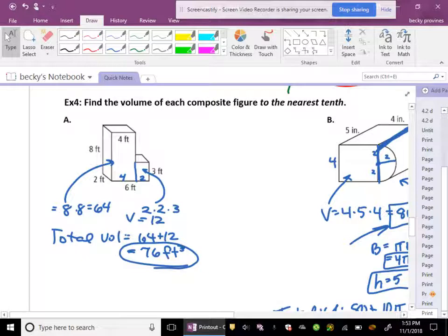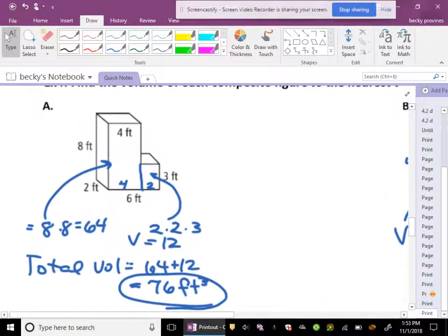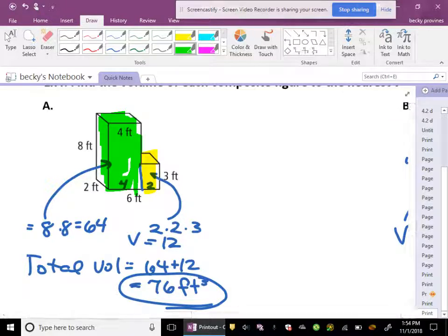Okay, so for this shape here, I just cut it into 2 different prisms. So I have this little yellow prism, and then on the left I have the green prism. And so if you find the volume separately and then add them together, then it will work.